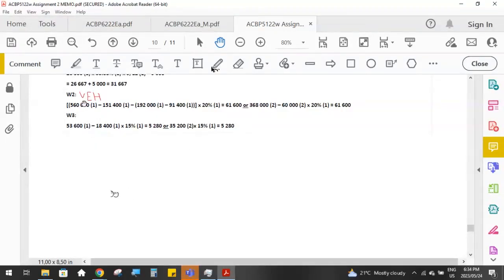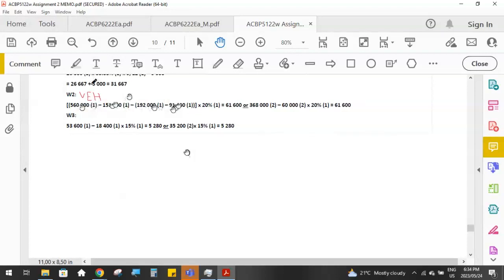560 cost opening at the beginning of the year minus the cost of the vehicle that we sold. That will give us then the cost of the vehicles that we owned for the entire year minus 192, which is the accumulated depreciation at the beginning of the year, minus 91,400, which was the ACDEP for the vehicle that we sold.